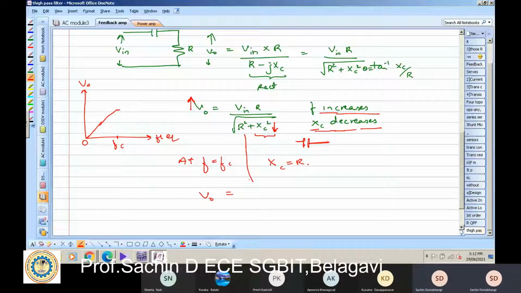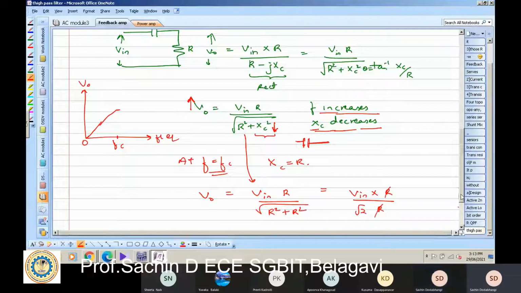It is the frequency at which resistance is equal to capacitive reactance. So I'll take XC equals R: V input into R divided by root of R square plus R square, which is root 2R square, that is root 2 R. We cancel it.